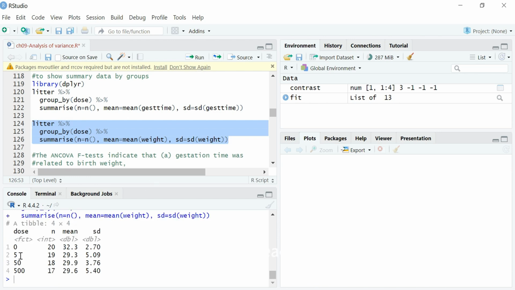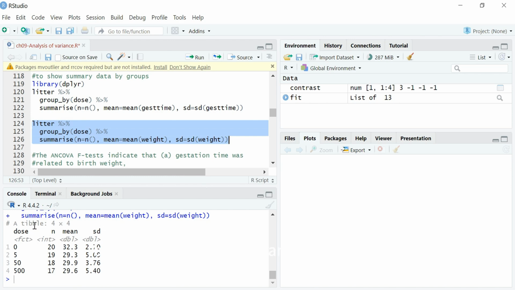So for each group by dose, we see the observations, mean value and standard deviation. It's quite obvious that this group has relatively higher weight than other groups.